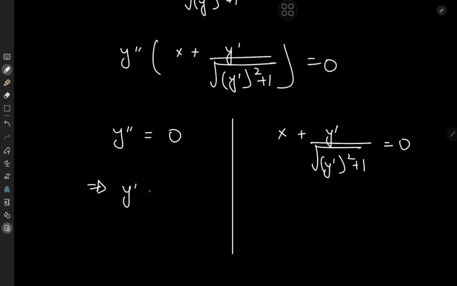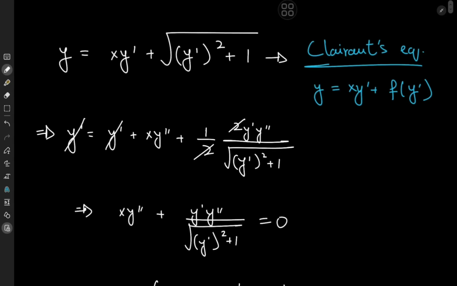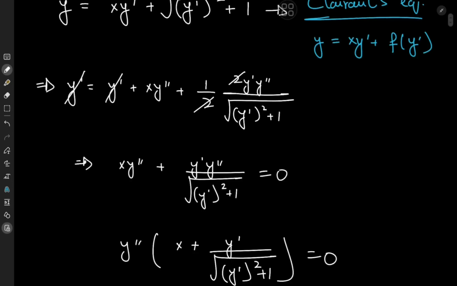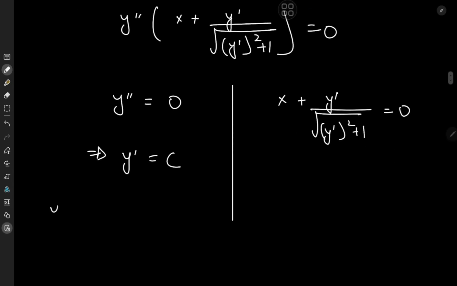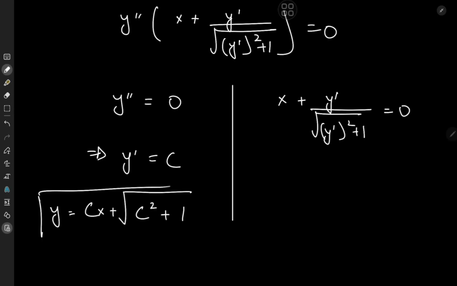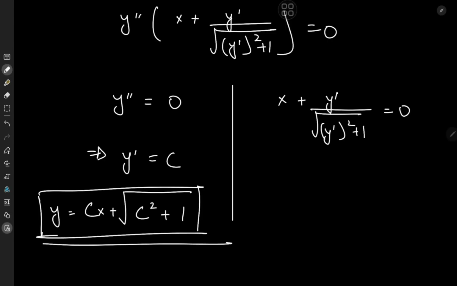Integrating gives us y prime equal to a constant of integration c. And recall that we had y expressed in terms of its first derivative. So if I plug in the value of y prime, I will get y equal to cx plus root c squared plus 1. So this is the general solution to our differential equation.